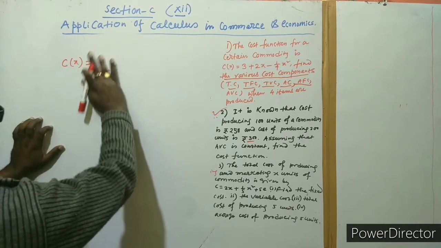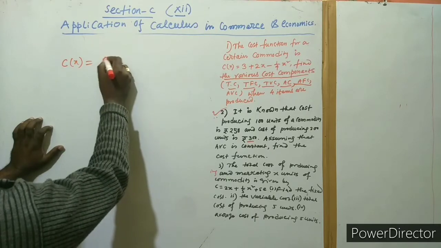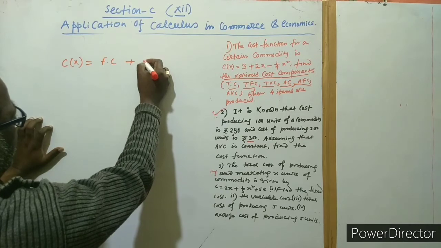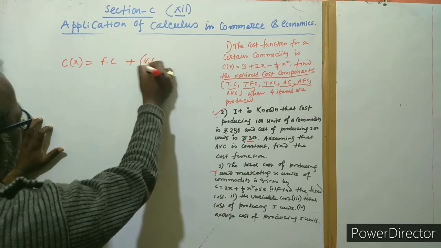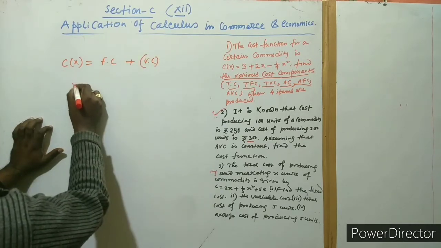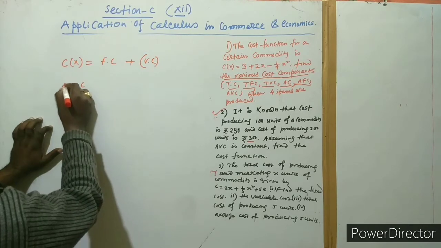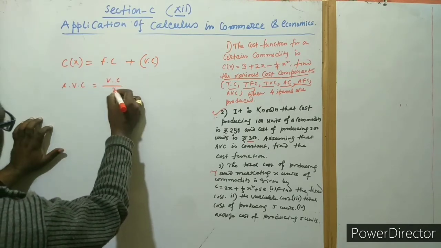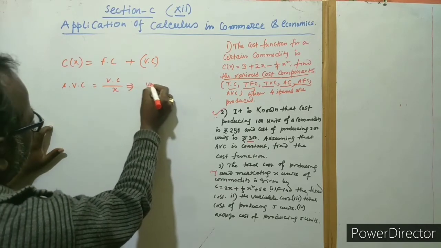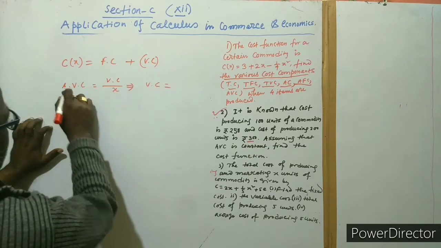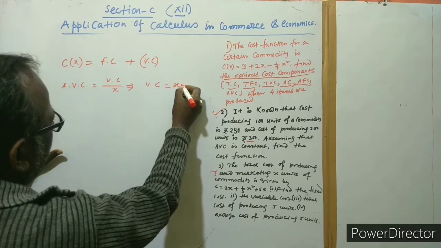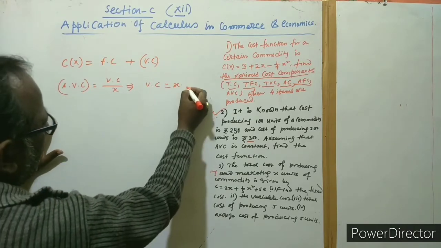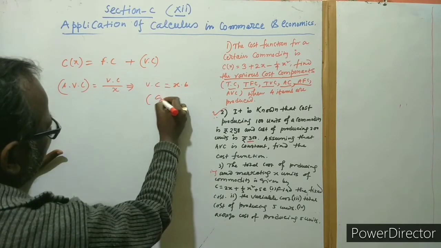Let us assume it is A, and the variable cost is there. The average variable cost is equal to variable cost by x, so VC is equal to x multiplied by that.